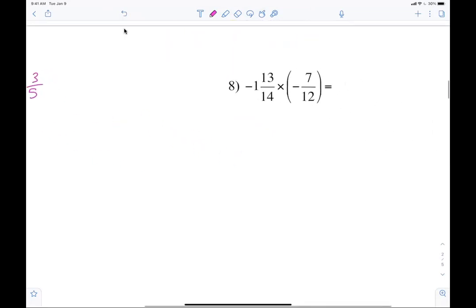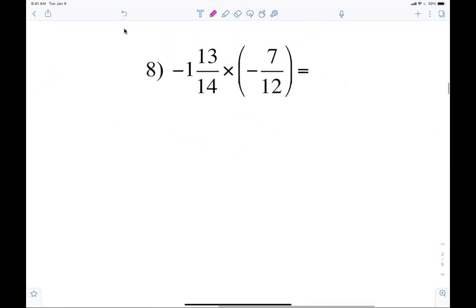Okay, let's do Aiden. Tell me about number 8, Aiden. You would get rid of the mixed number. That's correct. You would multiply 14 times 1, that's in the mixed 14, and then plus 13 is 27, and it would be -27/14 times -7/12.